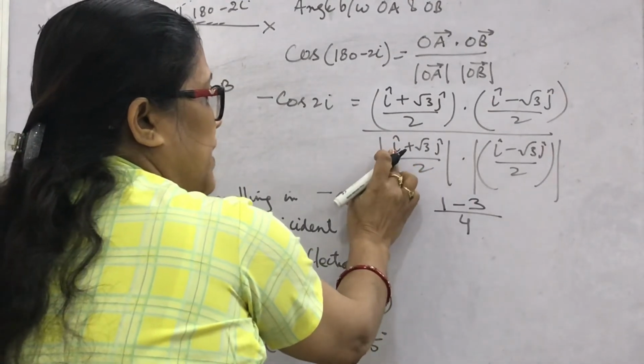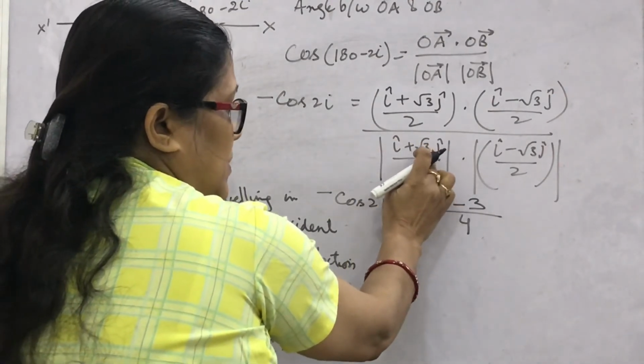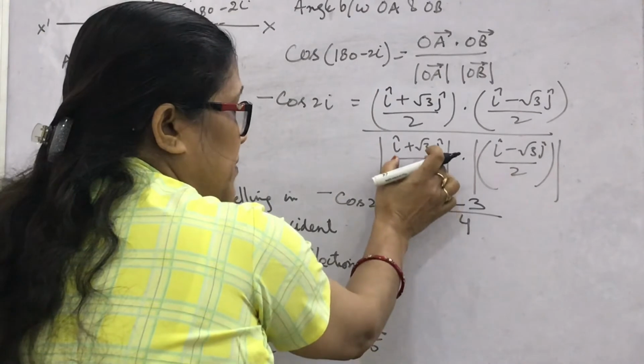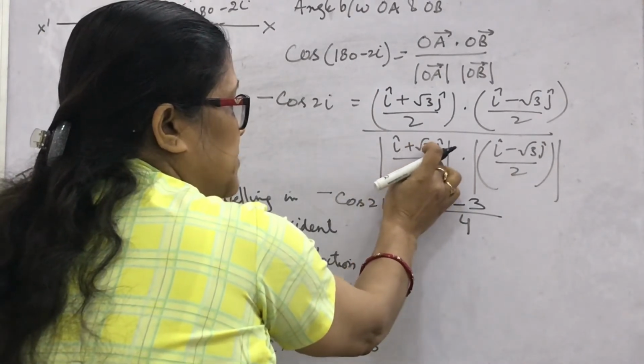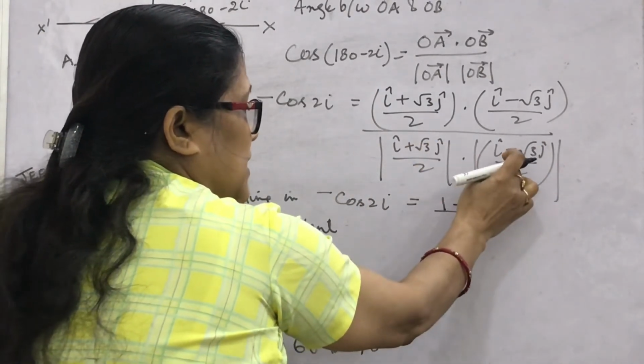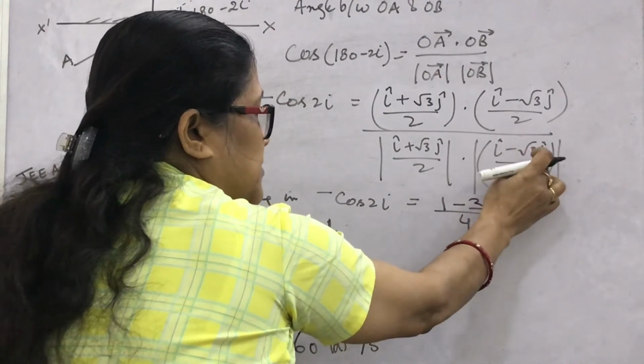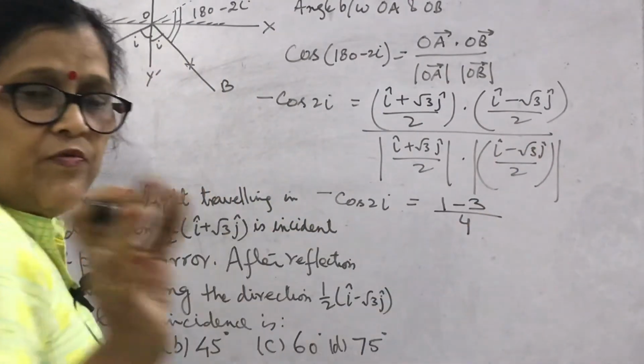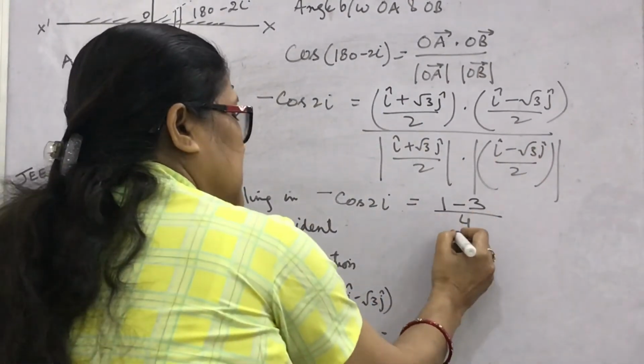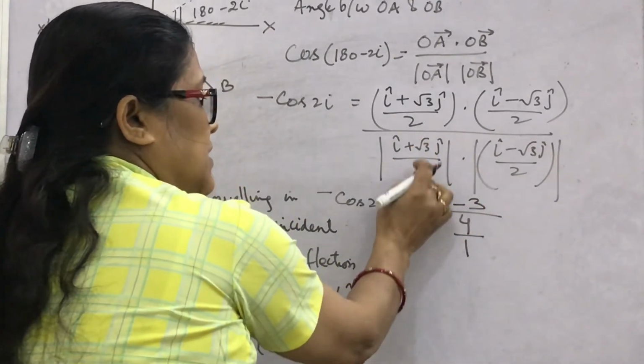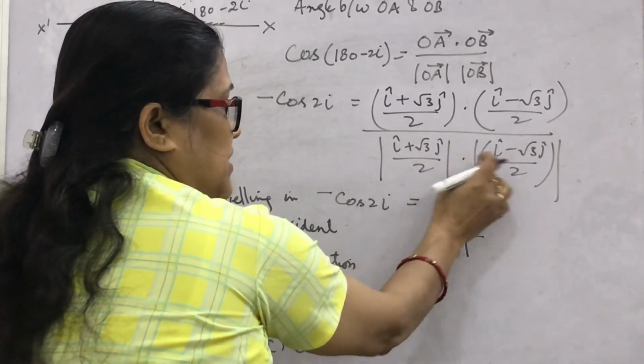This is the magnitude: (i cap plus root 3 j cap)/2 and (i cap minus root 3 j cap)/2, then what will the magnitude become? This will become 1. This is half, this is this dot this.